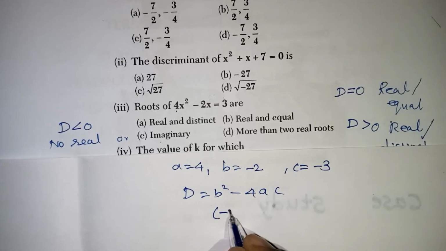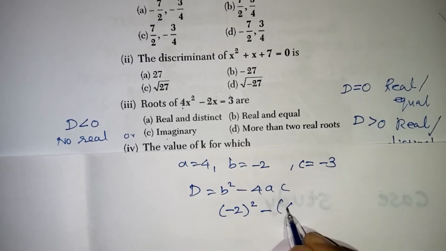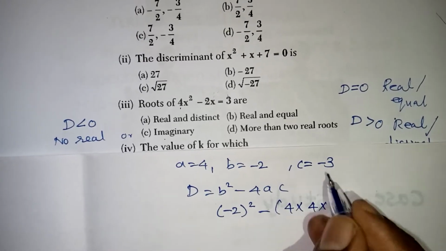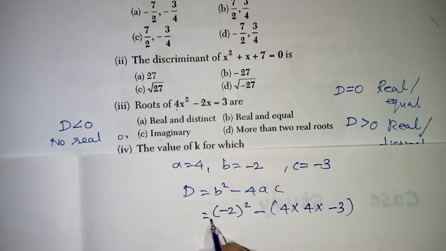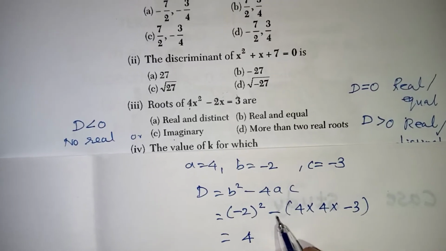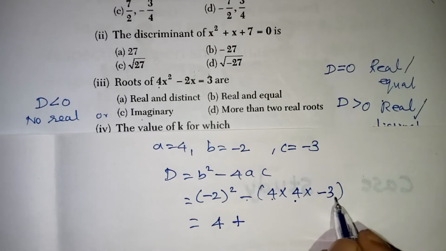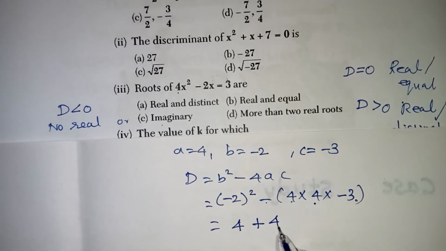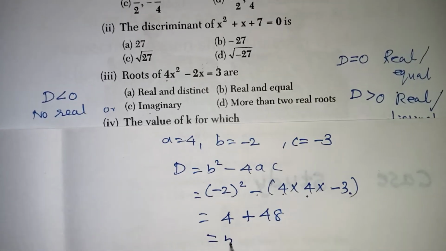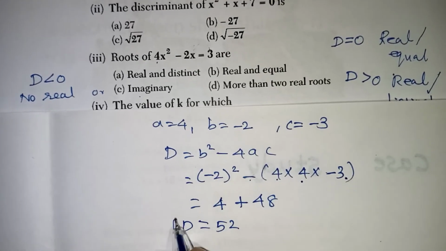B value minus 2 squared minus 4 into a into c value, which is again minus 3. So 2 squared is 4, minus into minus is plus, 4 4s are 16, 16 3s are 48. So 48 plus 4 will give you 52. So the discriminant value is 52.